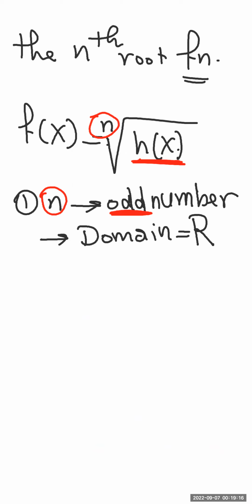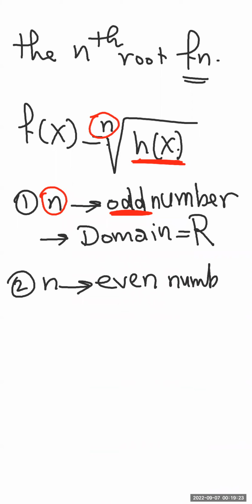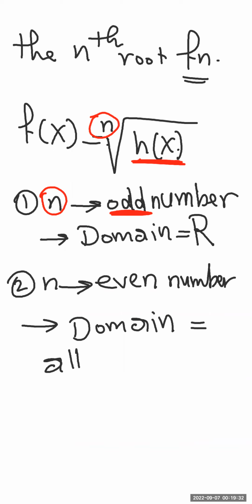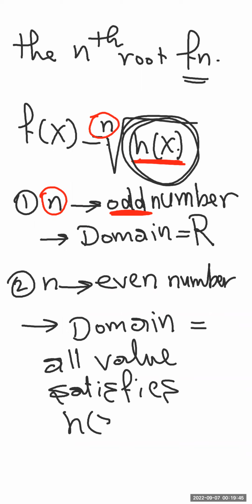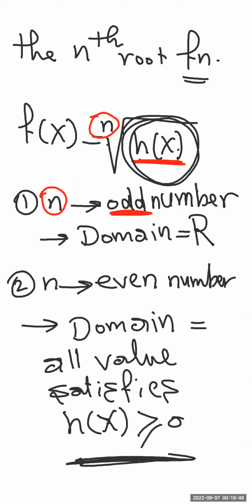The second case, if n is an even number, this means the domain will equal all values satisfying this function h of x greater than or equal to 0. Why is there a condition?